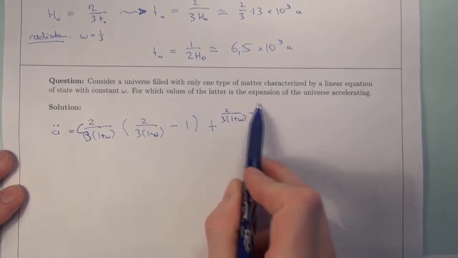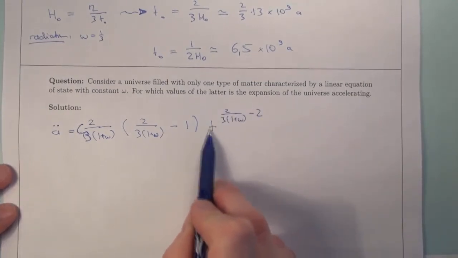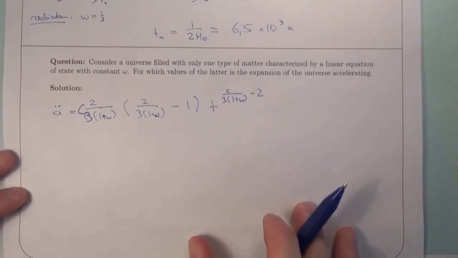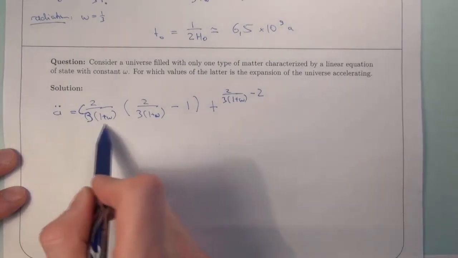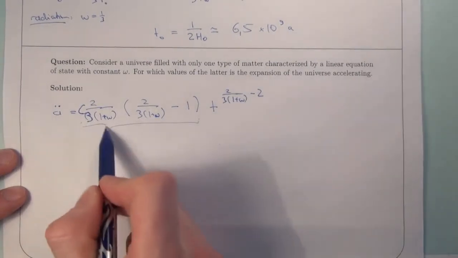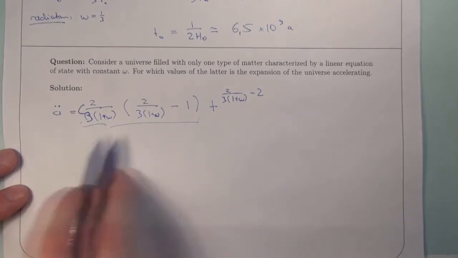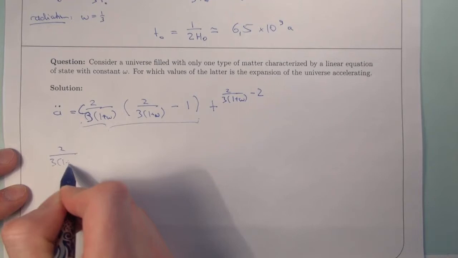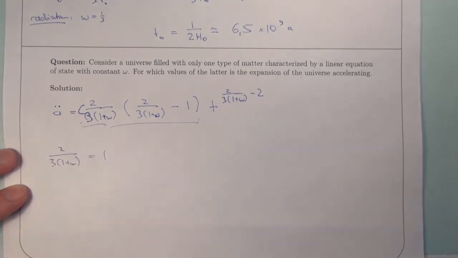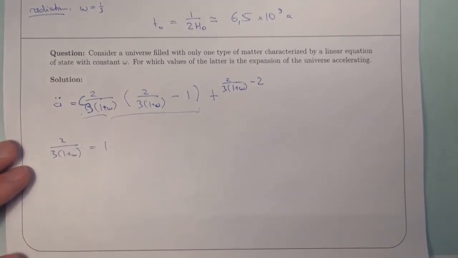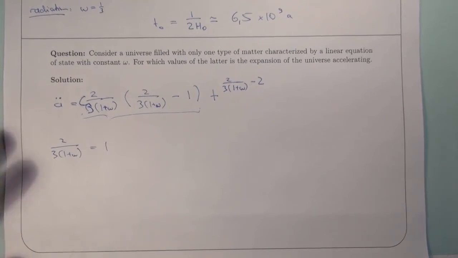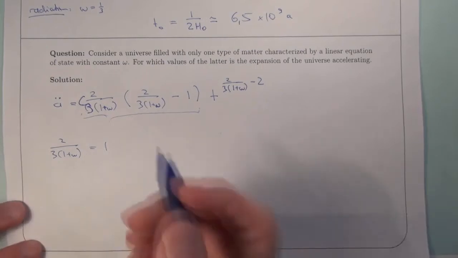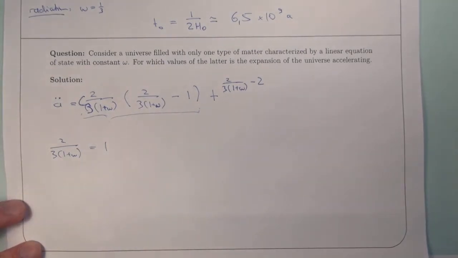This is of course also greater than 0 because t is greater than 0, and therefore we look at roots of this factor, and this can only be 0 if 2 over 3 times 1 plus omega equals 1. That should be right. Let's continue and then we will check if this is right, but I think so.